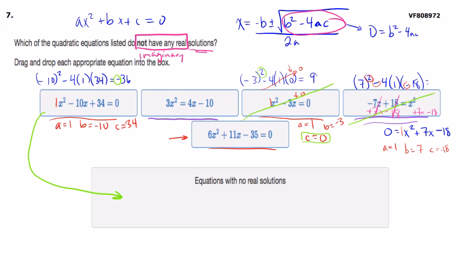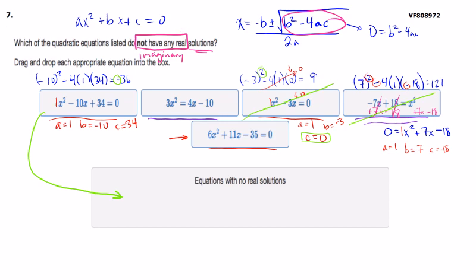And that comes out to 121. Okay. So since that came out positive, that means I have 2 real solutions, which means it doesn't satisfy what they're asking for, which is which ones do not have any real solutions.